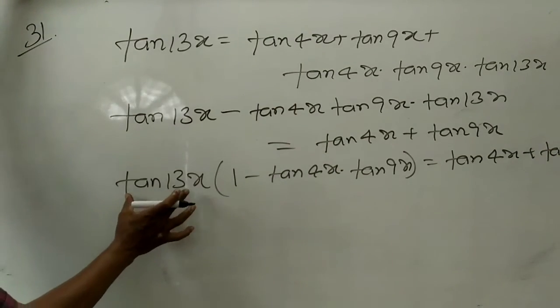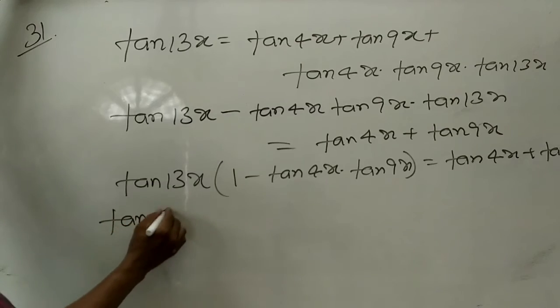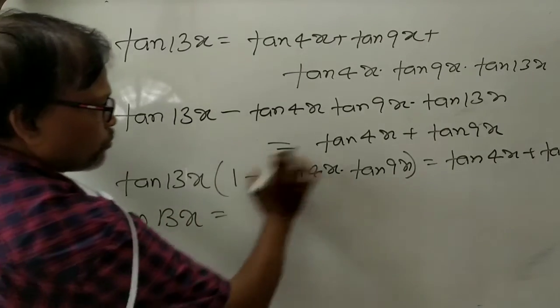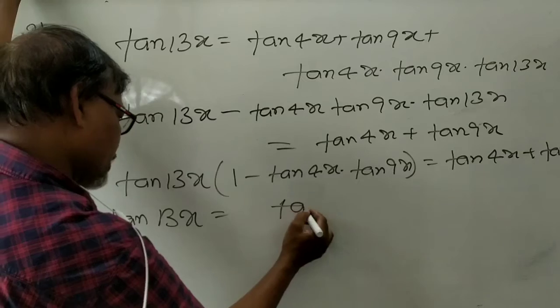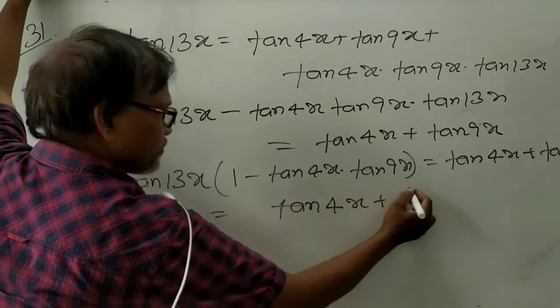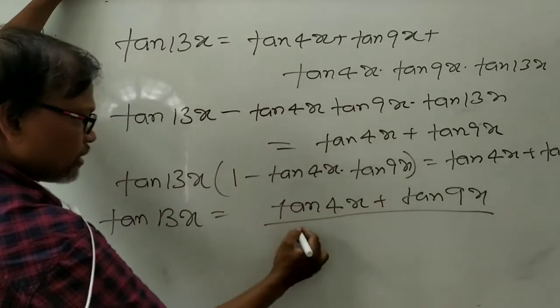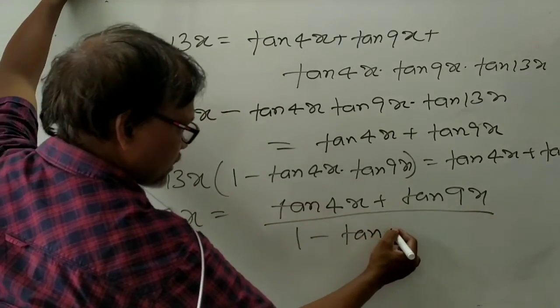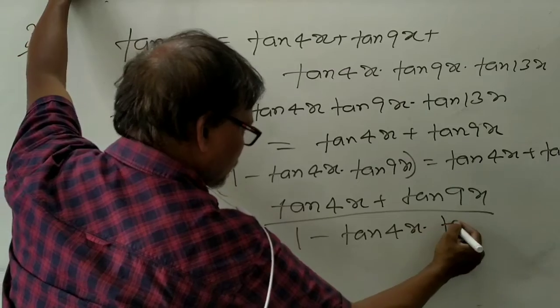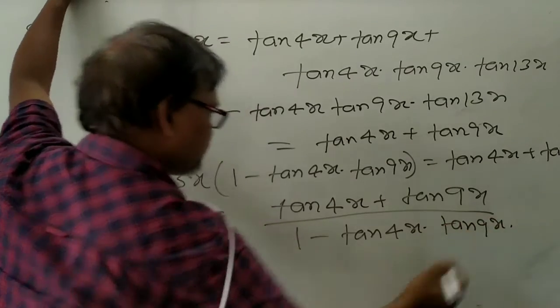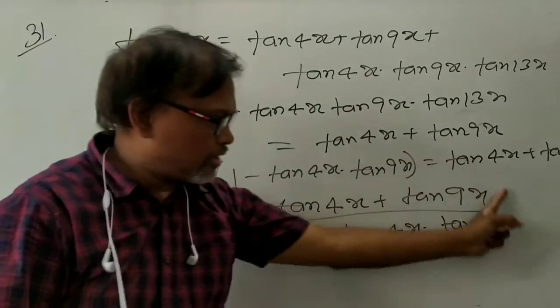Then tan 13x is equal to, you divide and take this part on the right hand side, tan 4x plus tan 9x whole upon 1 minus tan 4x into tan 9x. Do you know the formula of this?